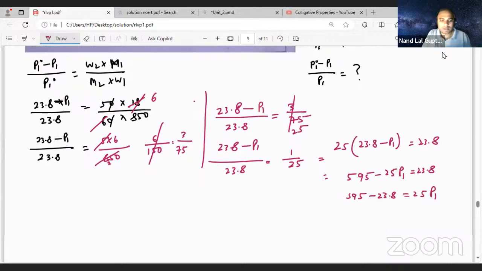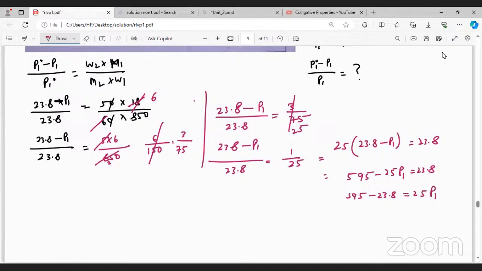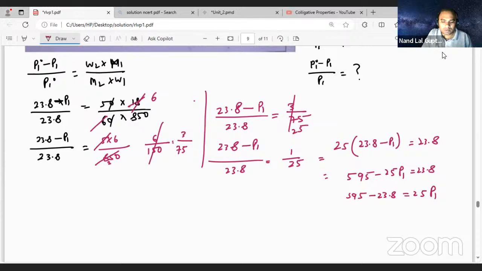For urea the mass is 60. 595 minus 23.8 is coming 571.2, equal to 25 P1. So P1 is equal to 571.2 divided by 25.